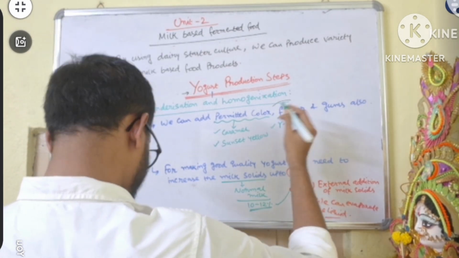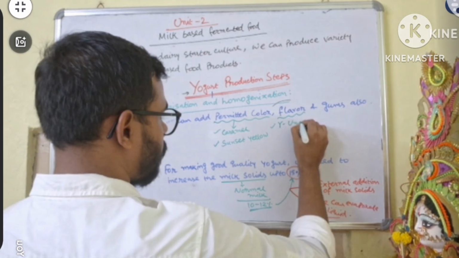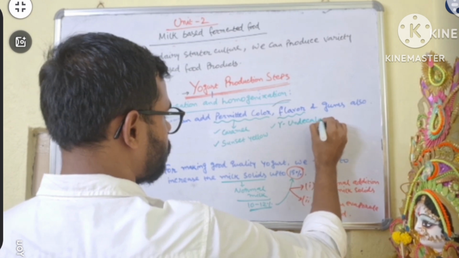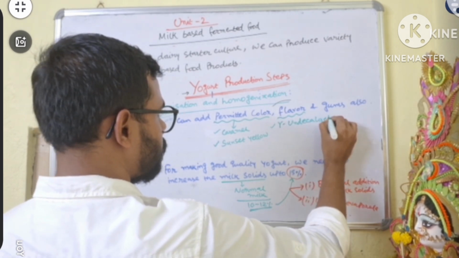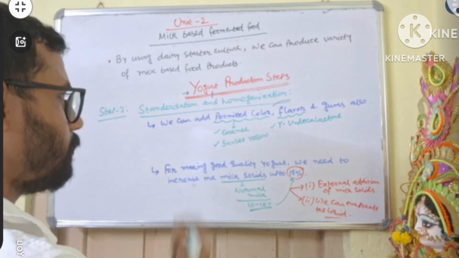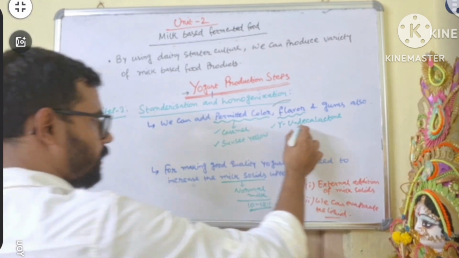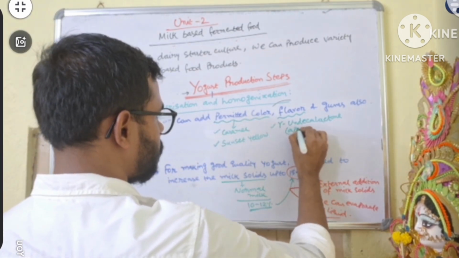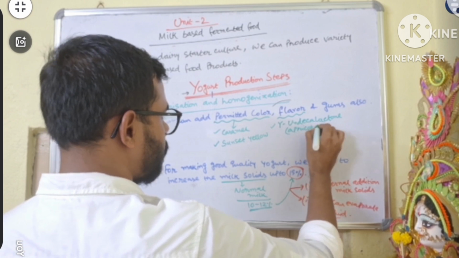So for the flavor we can use gamma undecalactone. It is in the notes, the total chart of what type of flavor we can use. Just remember one or two. Gamma undecalactone for apricot flavor. It gives apricot flavor.